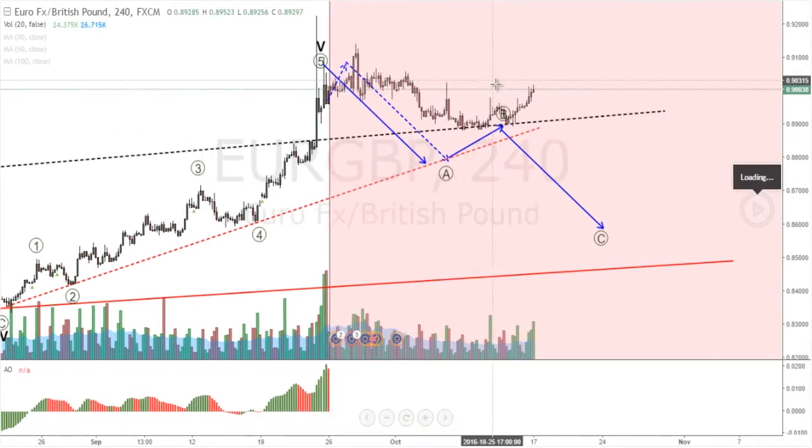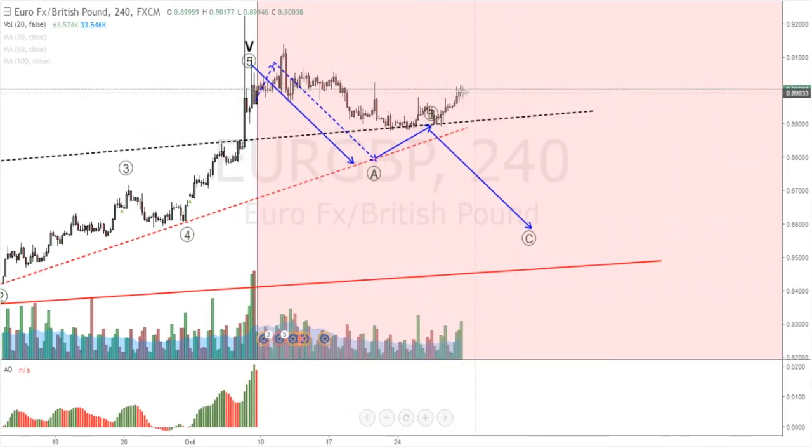So it did retrace. I'm still waiting to see if we're having a 1, 2, 3 retracement, or if this would be a 1, 2, 3, then this is a startup.